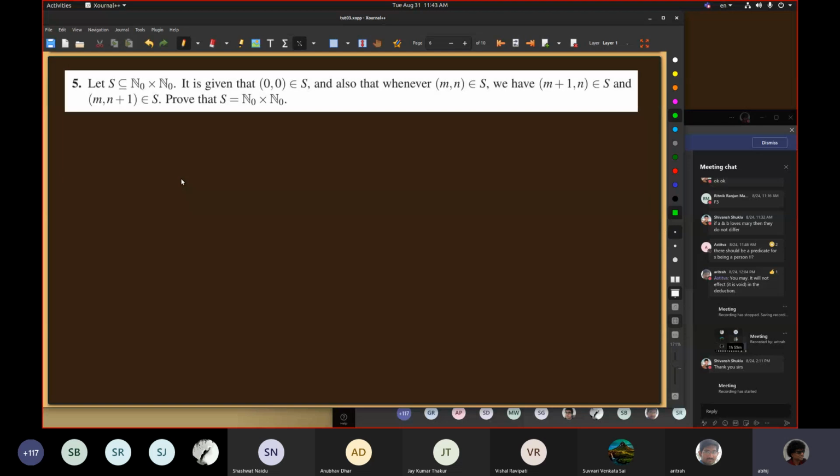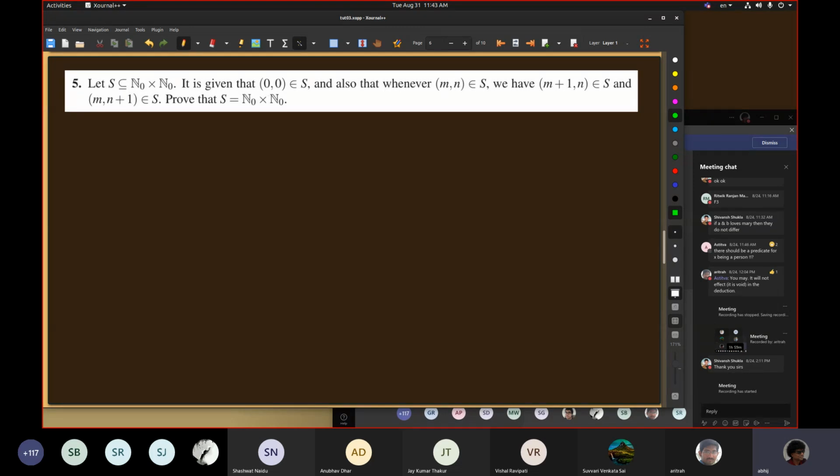Now let us do something on induction. Maybe this is our first thing. This is just induction in 2 dimensions. Let S be a subset of N0 cross N0, that is, pairs of all non-negative integers.